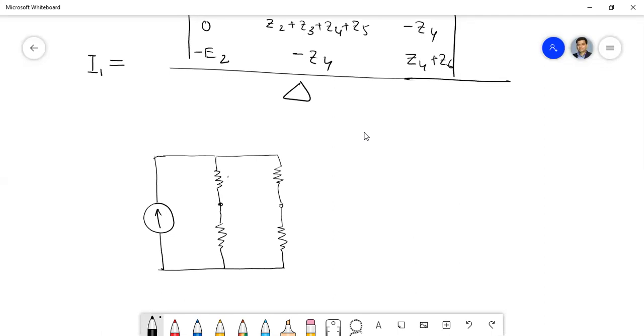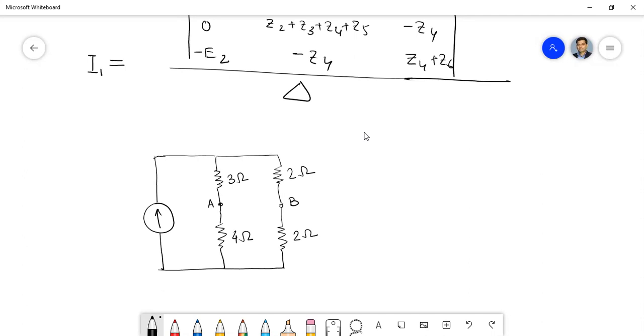Now this is 3, this is 4, this is 2, and this we take 2, and these are the two points A and B.